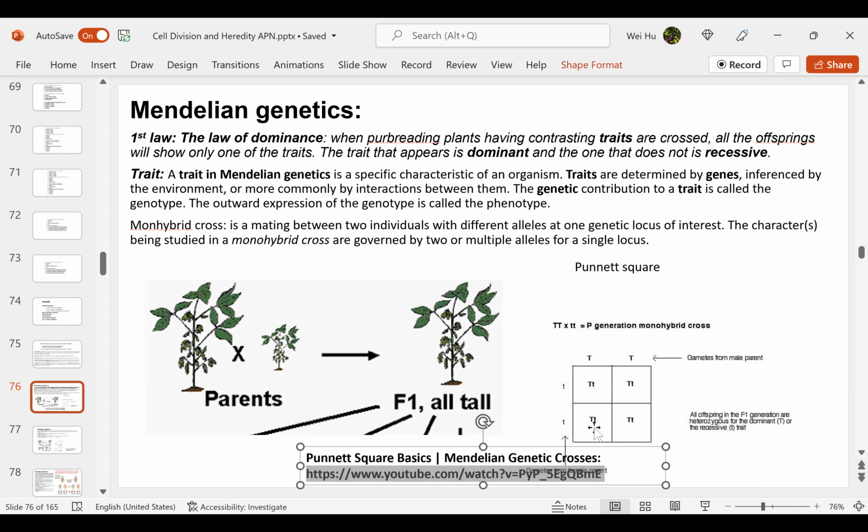You can see you only have 1 genotype and also 1 phenotype. The phenotype is tall. The genotype is big T, small t. Okay, so the phenotype and the genotype.